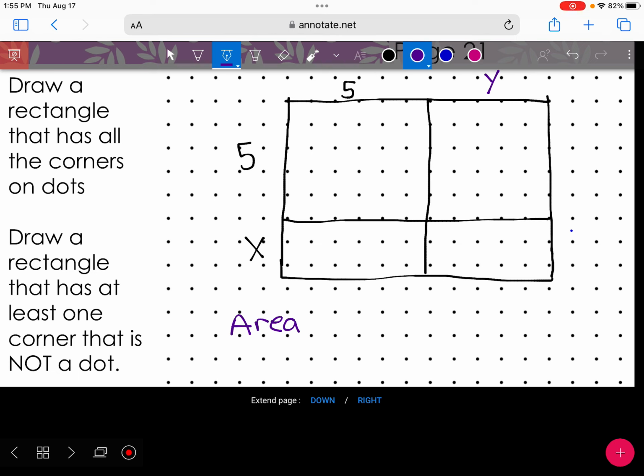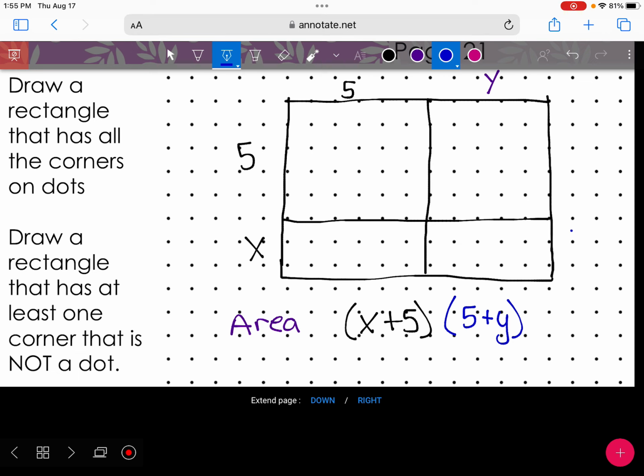When we combine them together, we're going to add those. Our length we can write as x plus 5, and our width is 5 plus y. At this point, we're not going to multiply it out, but you could.